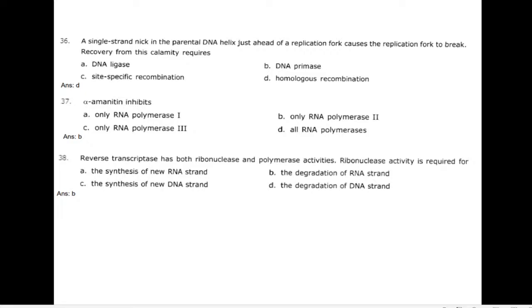Alpha amanitin is a chemical whose substrates are fungal compounds that inhibit only RNA polymerase 2. Why is it inhibiting RNA polymerase 2, and what is the function here?